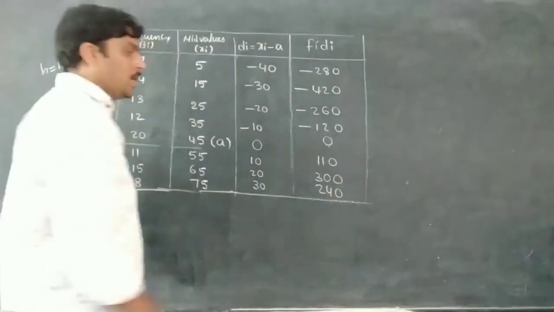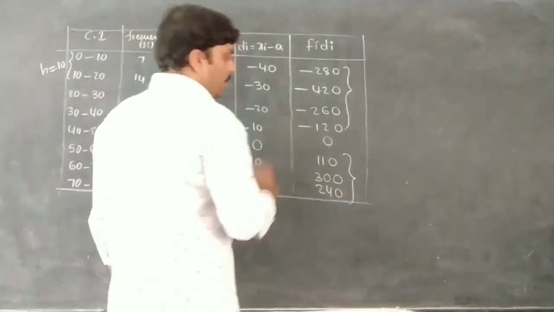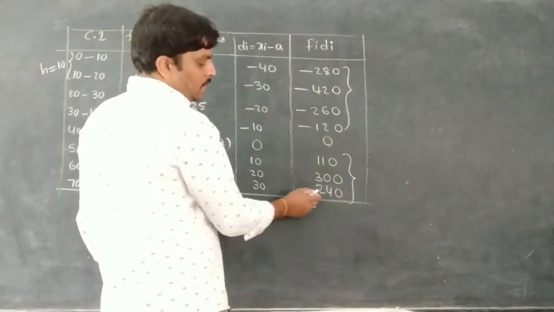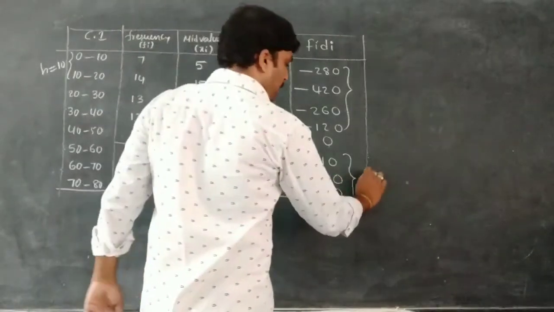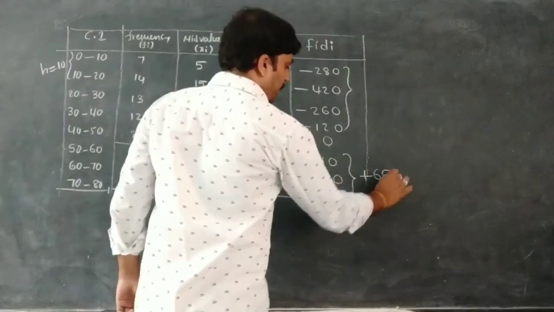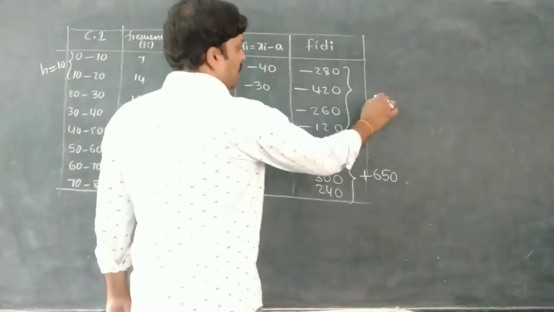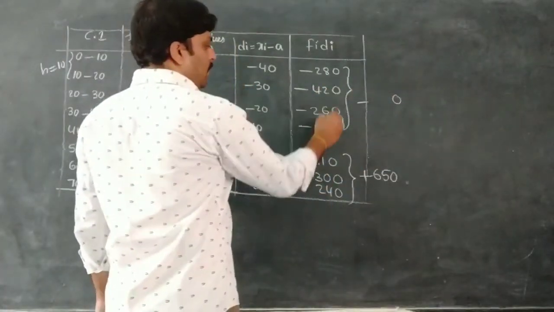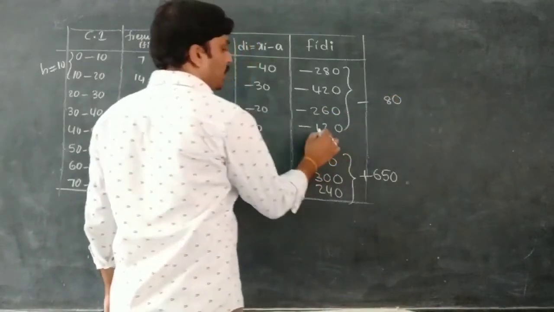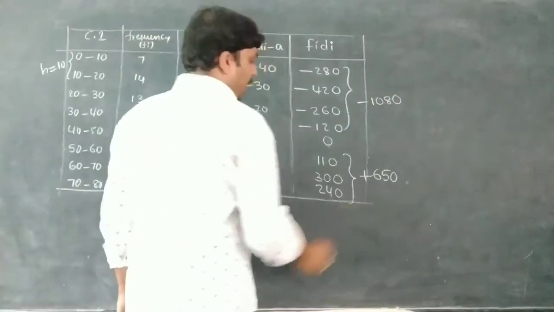Okay. Now here, positive numbers you should add, negative numbers only add. Here it is 200, 500, 600, 650. Here you should add 0. Here 10, 18, 2, 4, 8, 10, 1, 0, 8, 0.